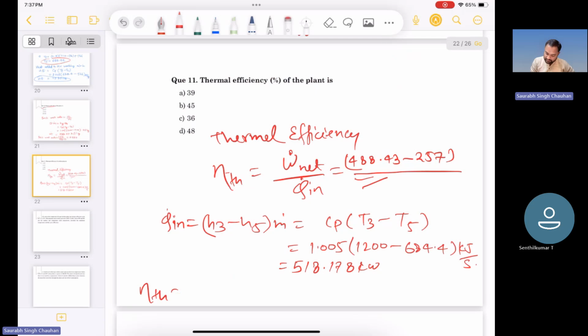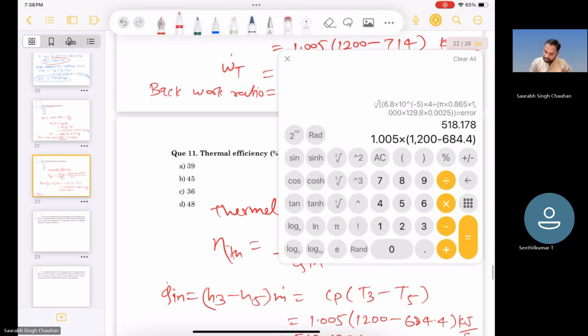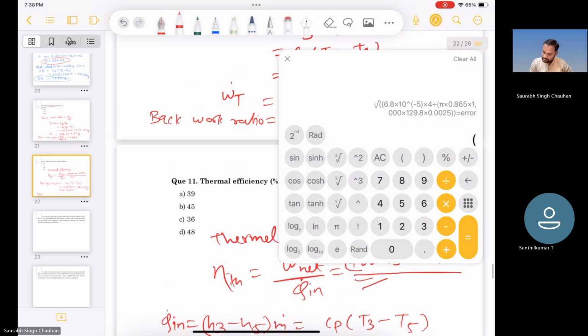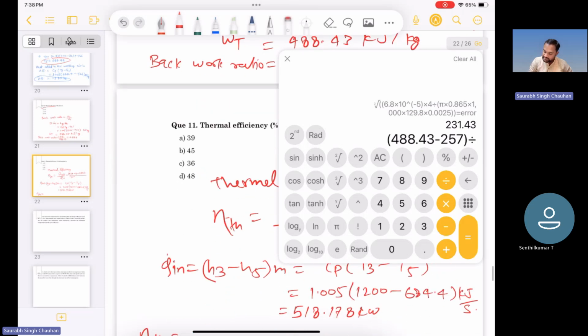So thermal efficiency will be 488, this is turbine work output, minus 257, this is compressor work input, divided by heat input, this is 518.18.